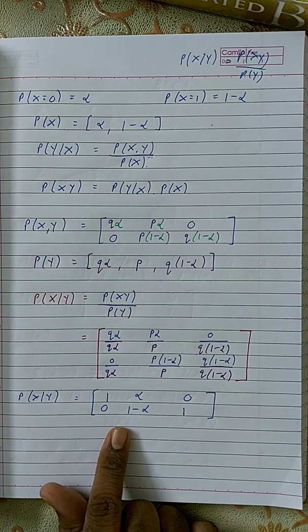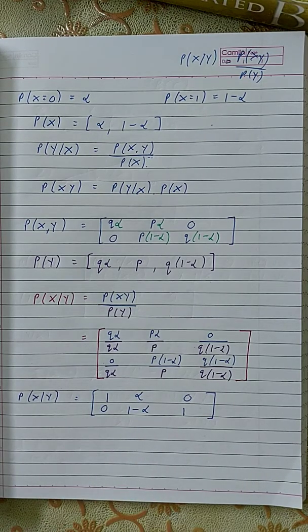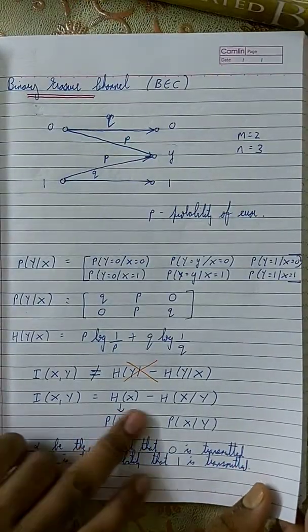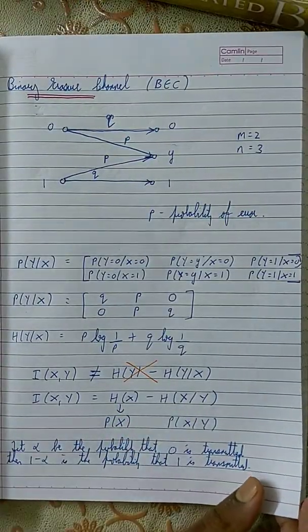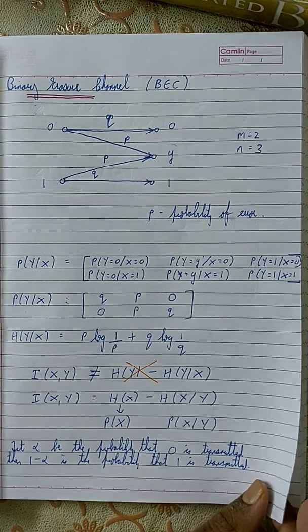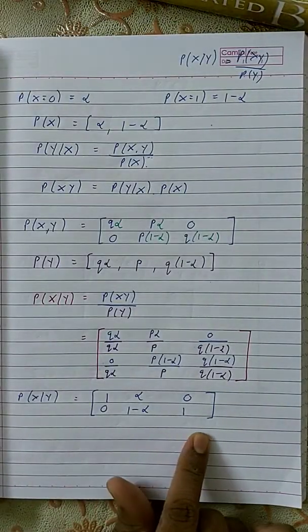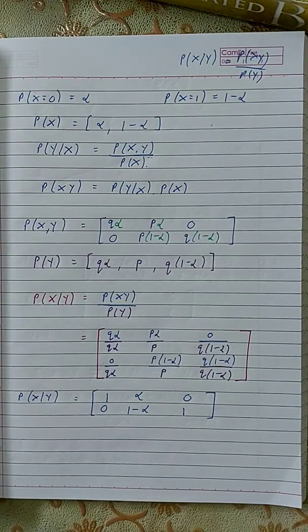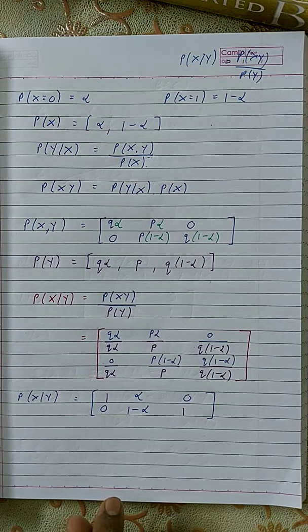So now I can directly find my h of x by y, right? Now you know how to find all this, so it's very easy for you. Now let's find the values.